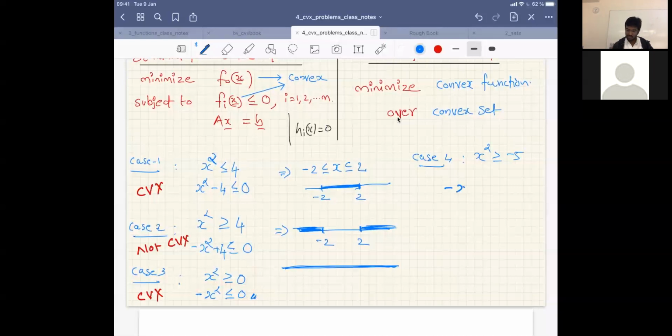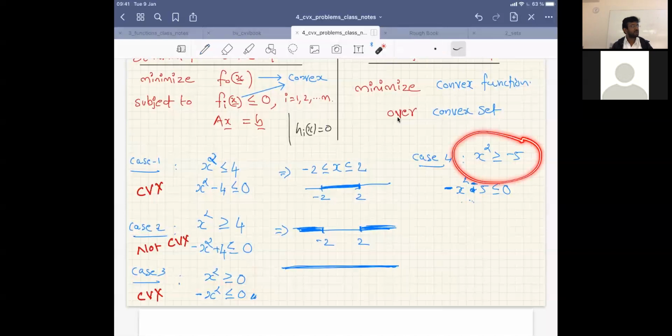If you are blindly following the standard form, then you will be in trouble, right? So what was that? This will be minus x square minus 5 less than or equal to 0, right? So it seems like a non-convex function, but you can drop this inequality because for all values of x, it will be satisfied.